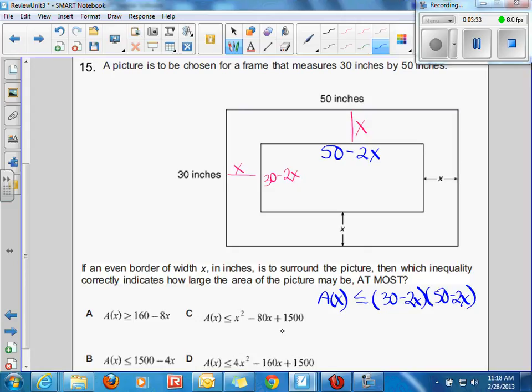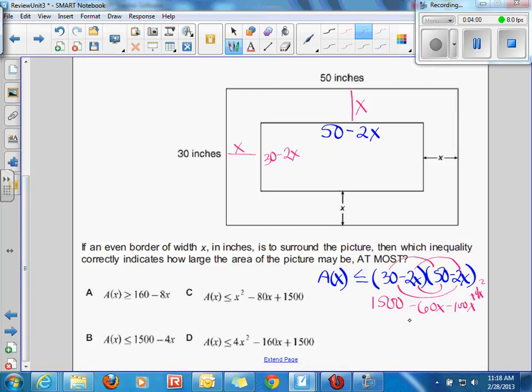Since none of my equations match for this, I'm going to have to FOIL and figure out what it would simplify to be. First times first, 1500, outside times outside, minus 60x, inside times inside, minus 100x, and then last times last, plus 4x squared. Sorry, running out of room there.